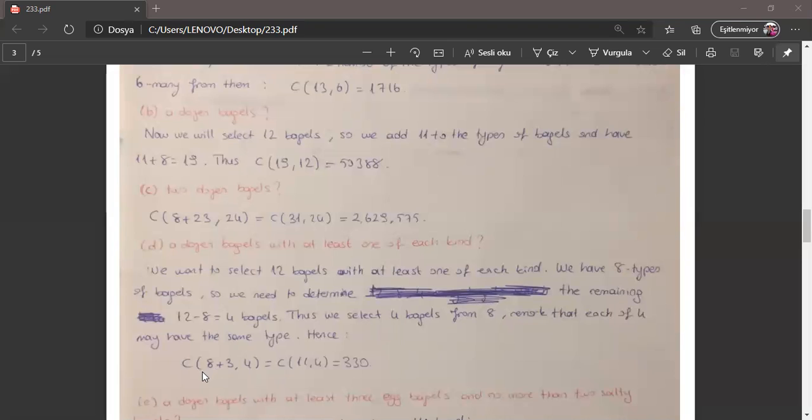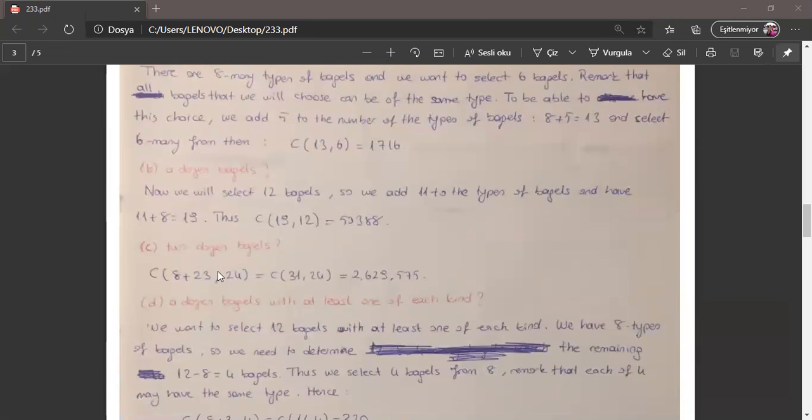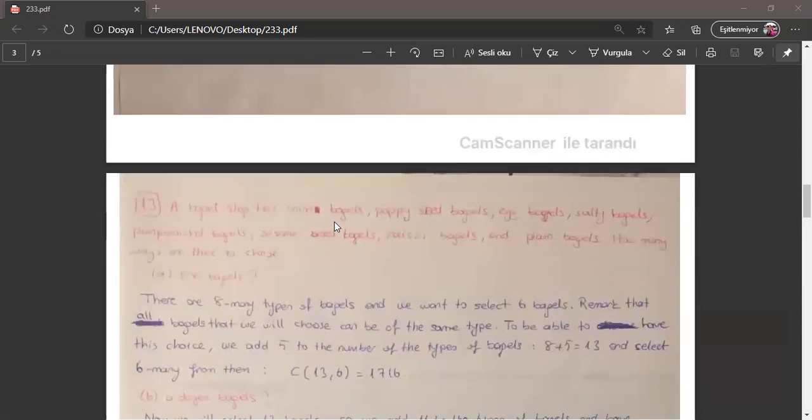You can think of it like this: these 8 types, we have plain, raisin, egg, salty.